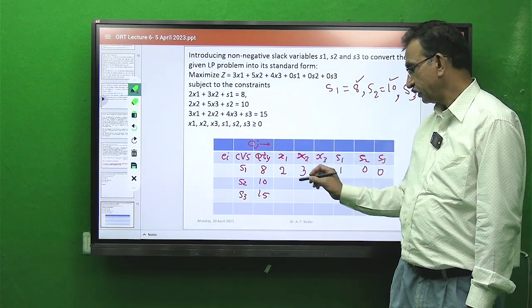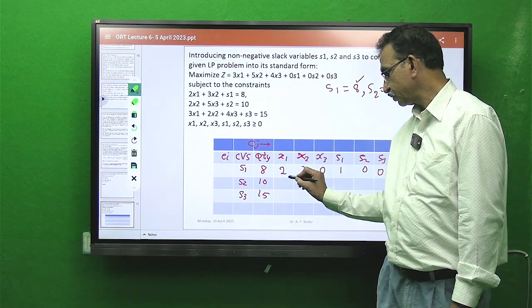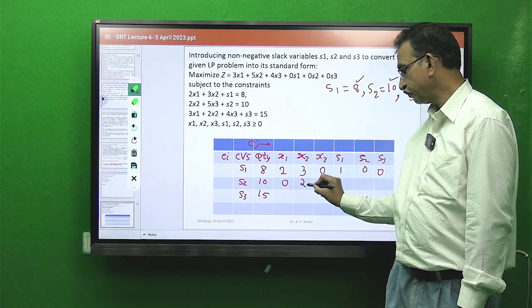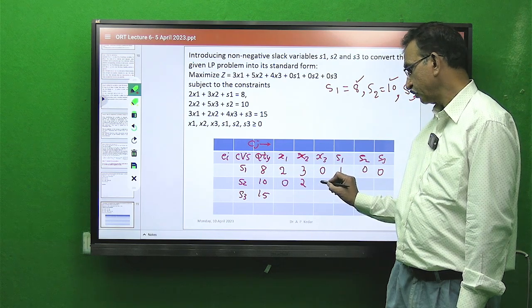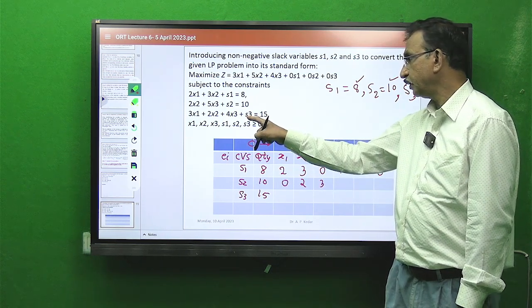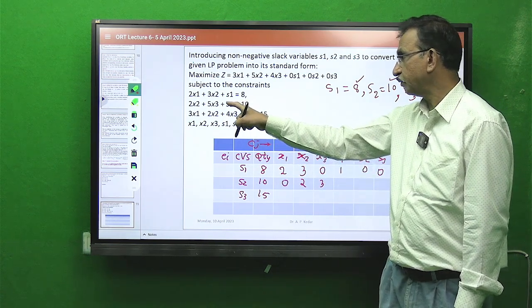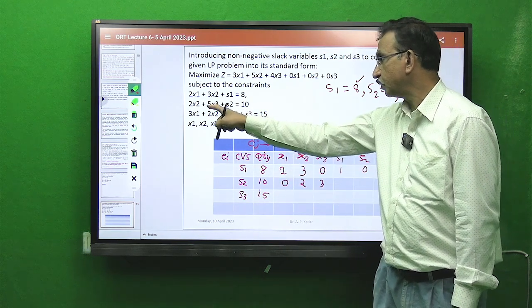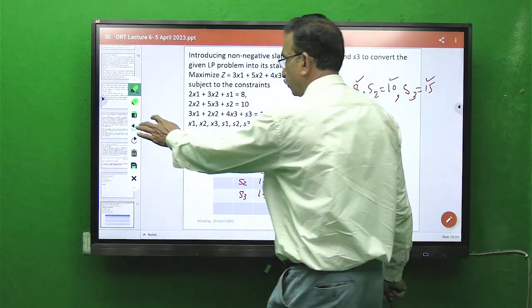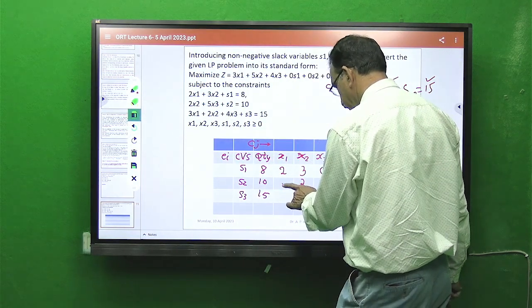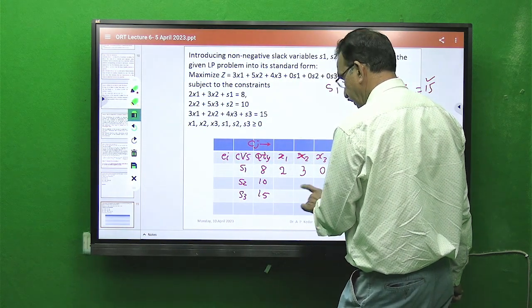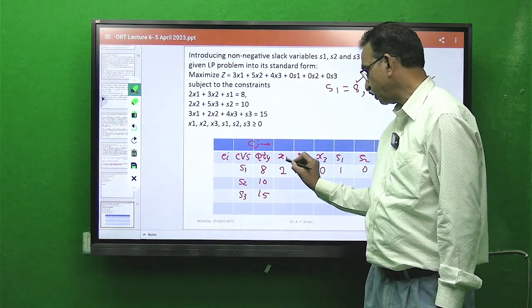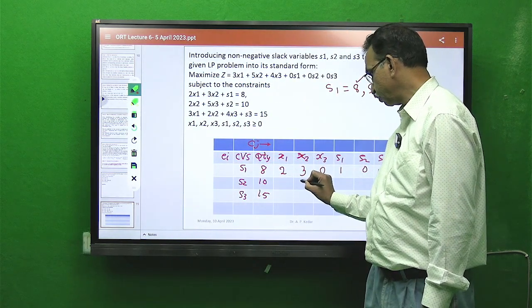For the second equation, there is no x1 term, so it will be 0, followed by 2x2. So under x2 we have to write 2.